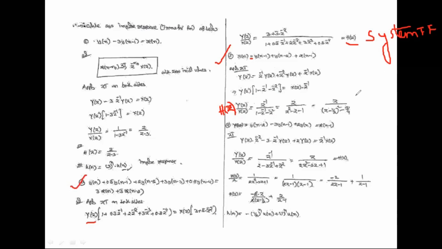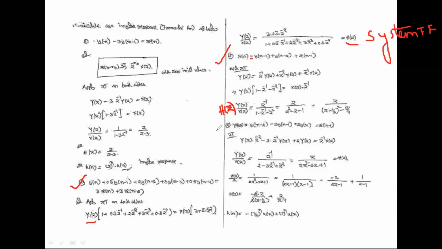If we want the impulse response also, use the partial fraction method or any one of the methods and find out the impulse response. And here it is a direct function only, z by z square minus z minus 1, in the form of z by z minus a whole square minus b. It's a constant here. H of z by z is equal to X of z by z, like that.